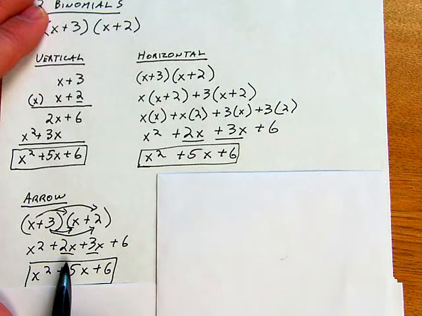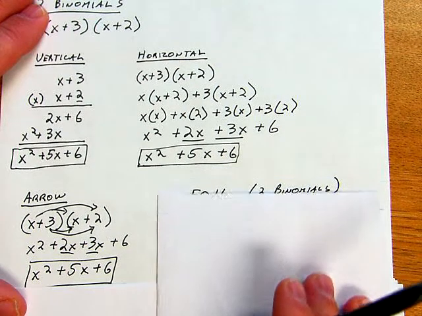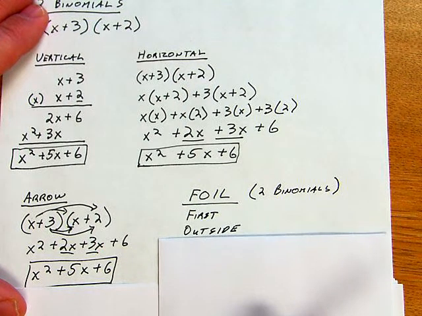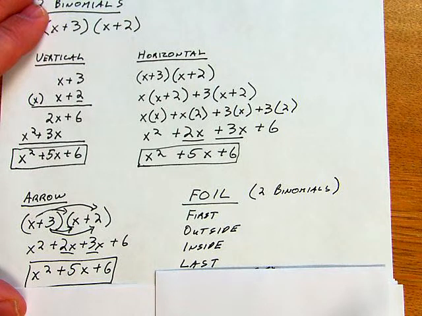You'll notice that we have the same answer in all three of these problems, just three different methods for solving the same problem. Then there's a special method that works when you have two binomials called FOIL. FOIL stands for first, outside, inside, last. And what does that mean?